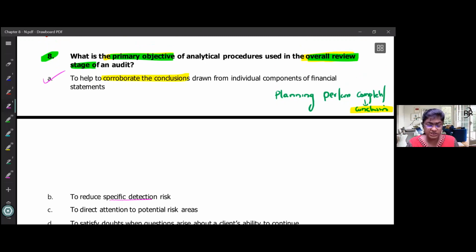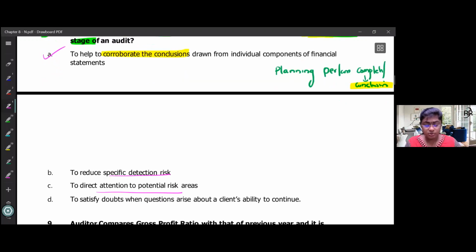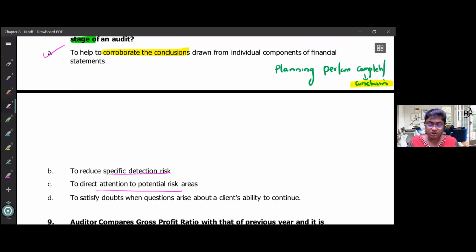To reduce the detection risk, direct attention to potential risk area, doubt whether the client has the ability to continue the business. See, the client's ability to continue the business, that is SA 570.